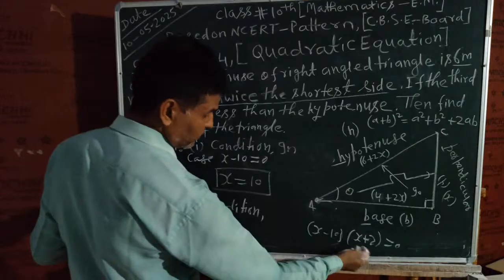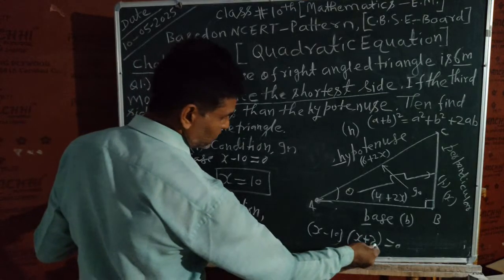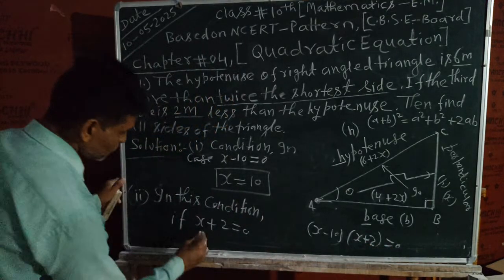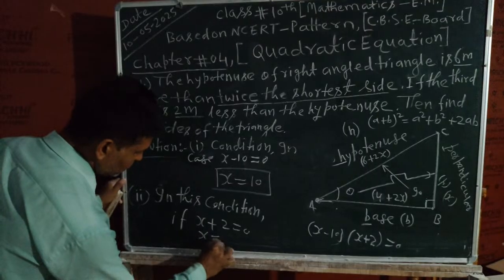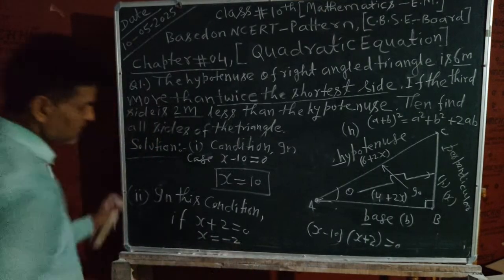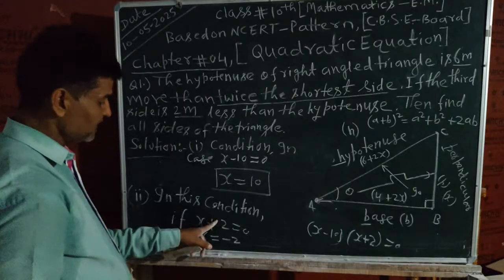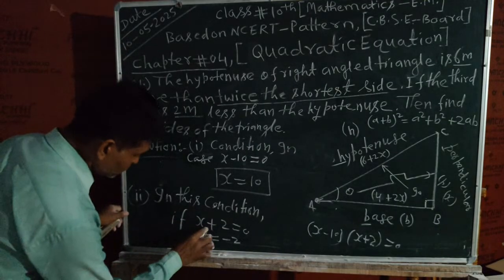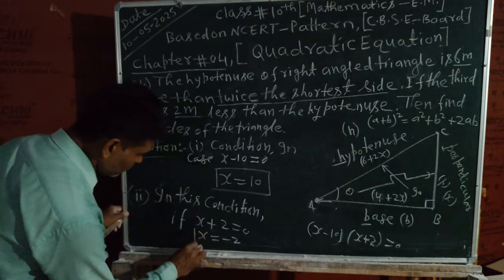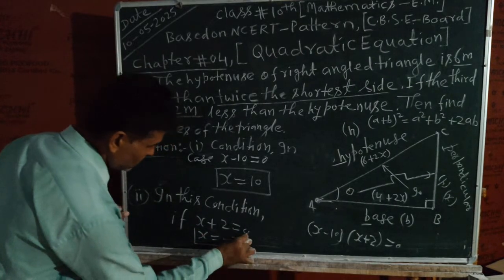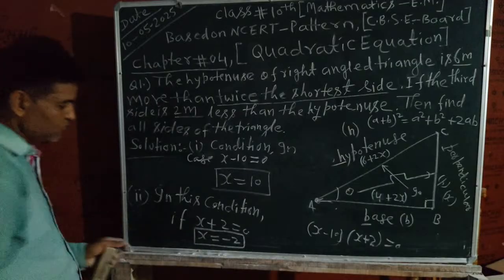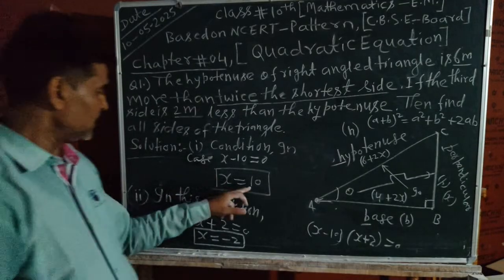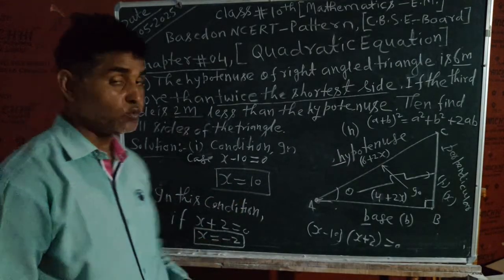So I will write x is equal to minus 2, because any term which is available on the left hand side, when it goes to the right hand side, it will change its sign. Okay, students. So here plus is available, after going to the right hand side it will be negative. So one value is 10 and the other value is minus 2.